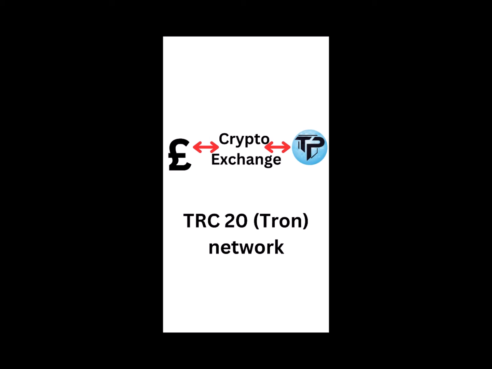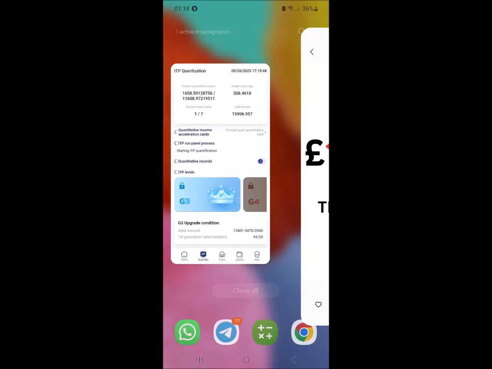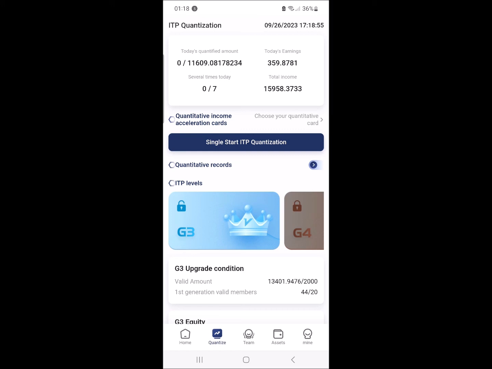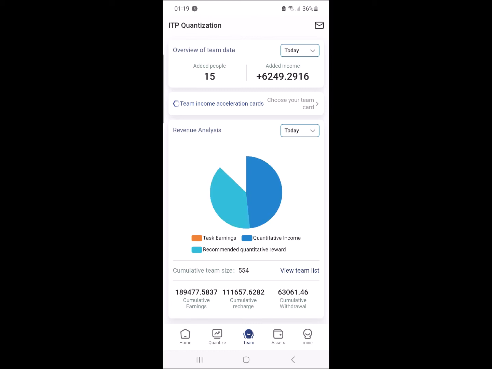Okay, so if I go back to my trading app now, my ITP app, you'll see my trading has finished. From the quantitative trading, today I've made $359.87. When we add that to my team commission, which we saw earlier on, if I go back to the team page and tap on the dark blue, there's my 359.87 from the quantitative trading.